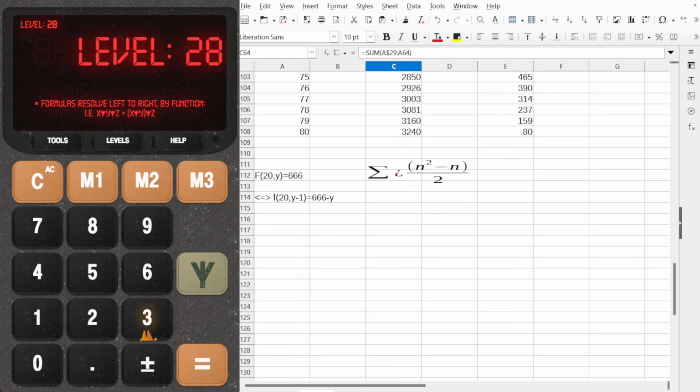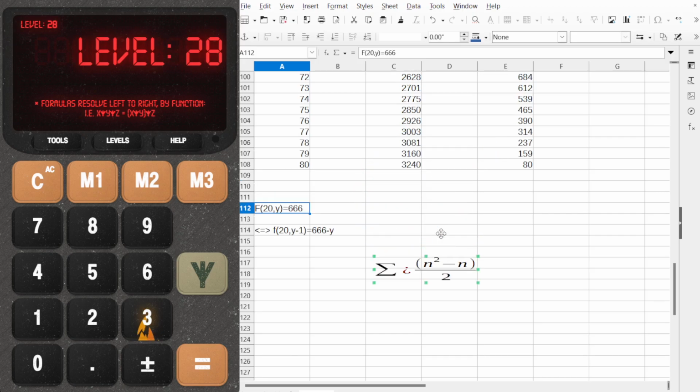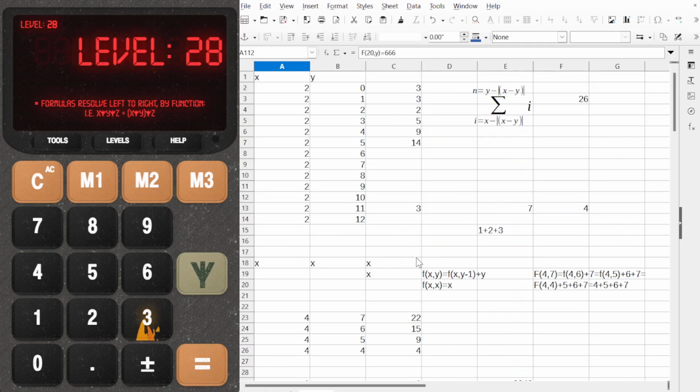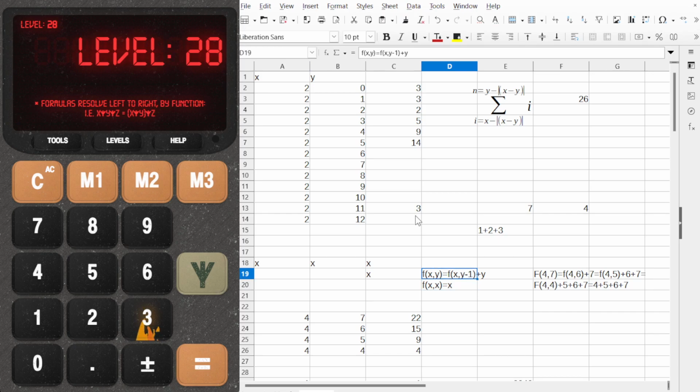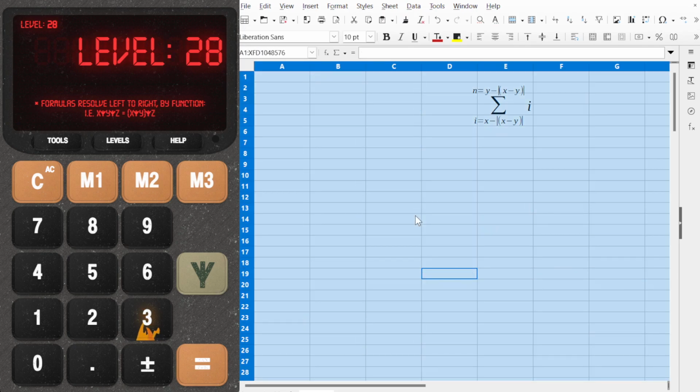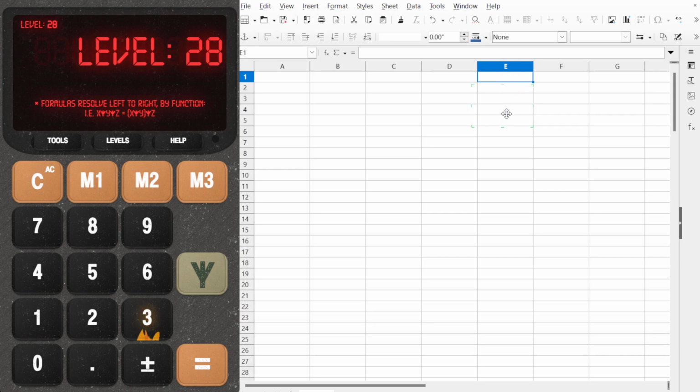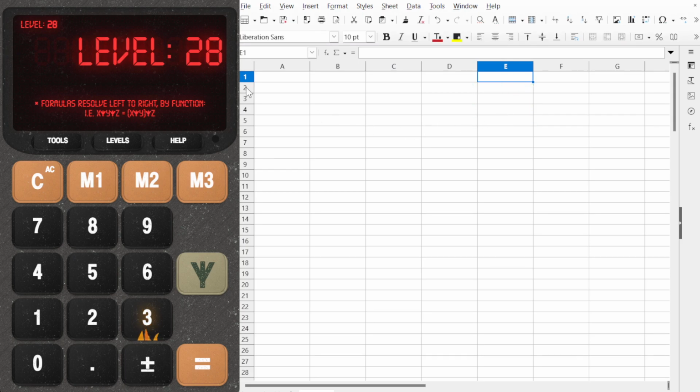There was another method which I could have tried, which is to express this recursive function, which I've written down right here, as an exponential, as a power series, and I would have tried to find the generating function of this series, and then reverse calculate the input I would need to get an output of 666.